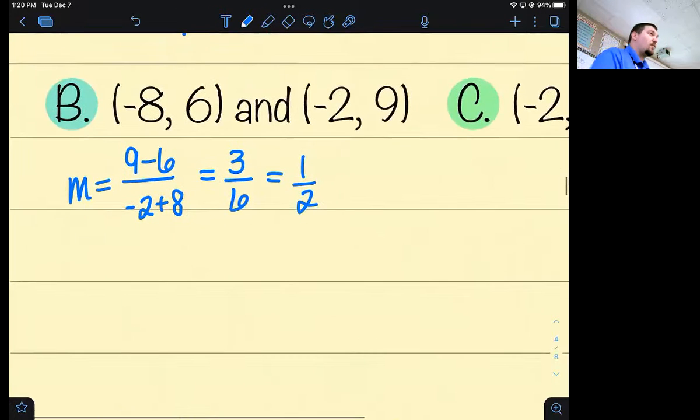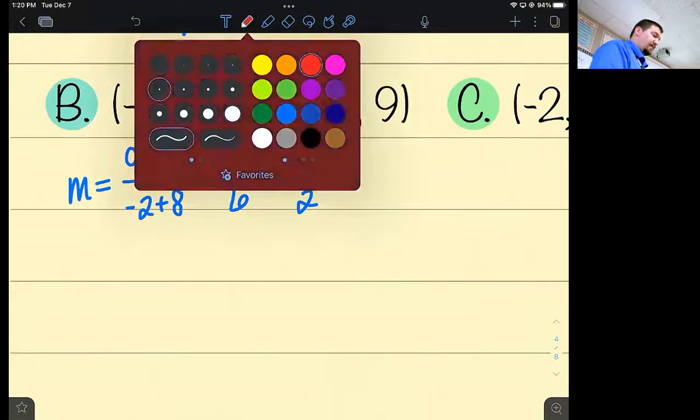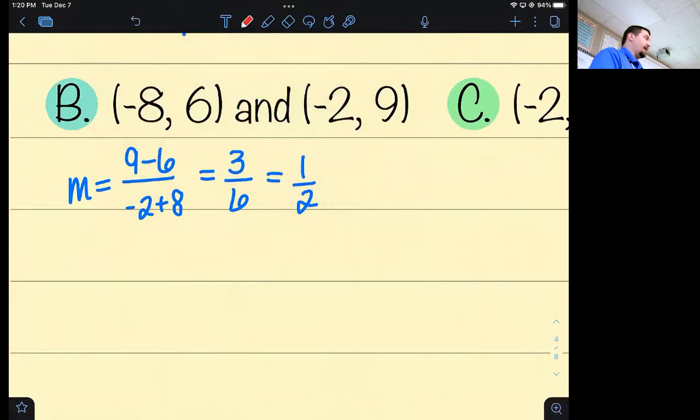All right, so now I'm going to write the point slope equation because neither one of these is the y-intercept. I can use whatever point I want, and Maddox gets to choose. So Maddox, write the point slope equation, plugging in whatever point you want. Go ahead, use the first one.